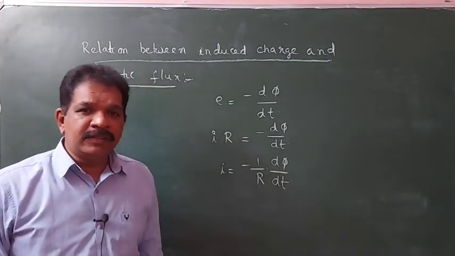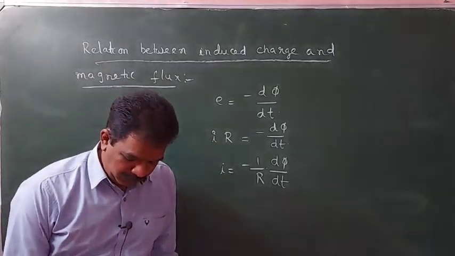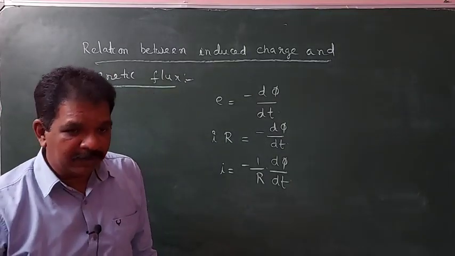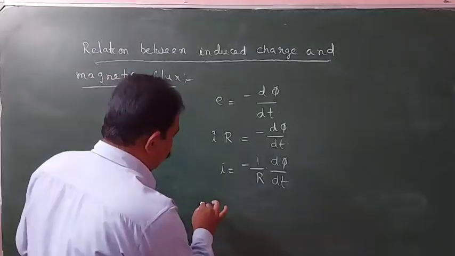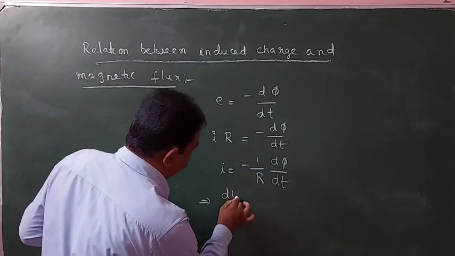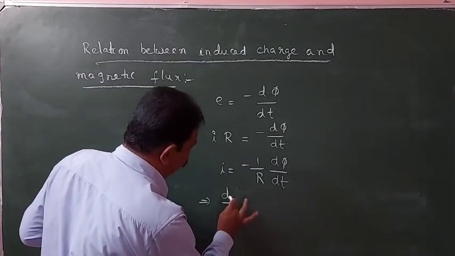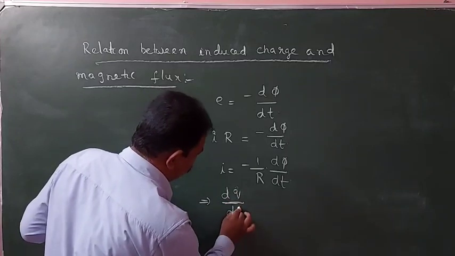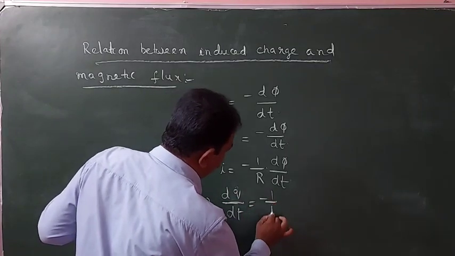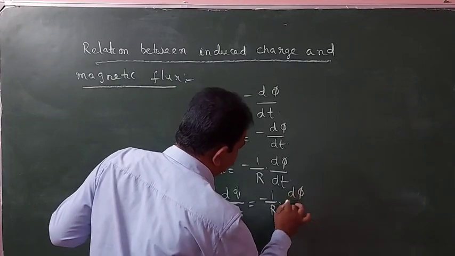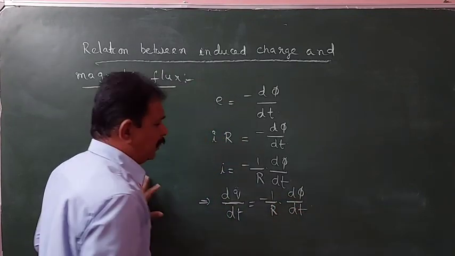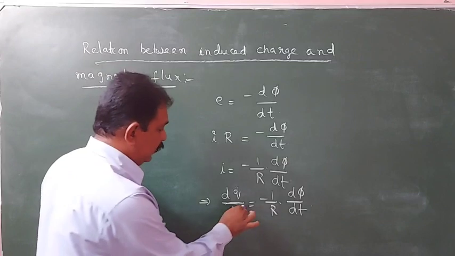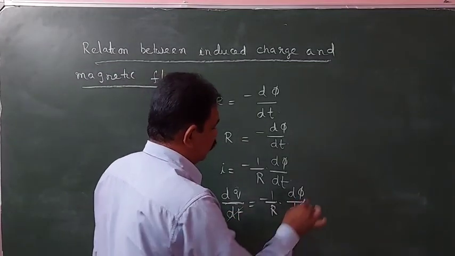But we know I is equal to dq by dt. So what we can write here: dq by dt is equal to minus 1 by R into dφ by dt. dt will cancel.